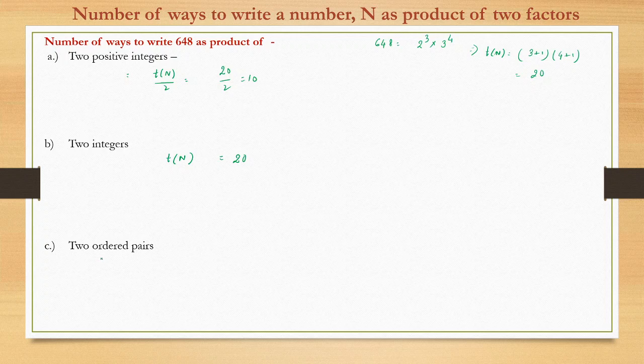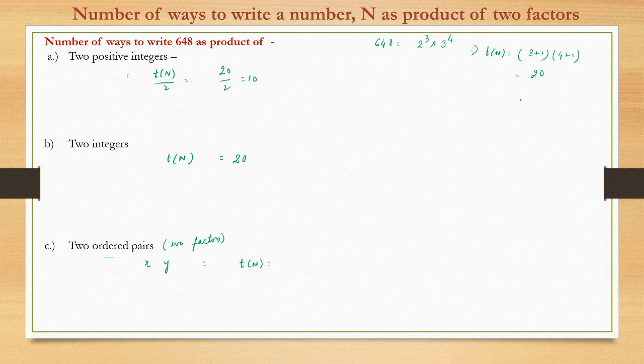Now in how many ways can we write 648 as a product of two ordered pairs? If nothing is mentioned, we always assume ordered pairs of factors which are positive. Ordered pairs of positive factors means x and y can take two different values.